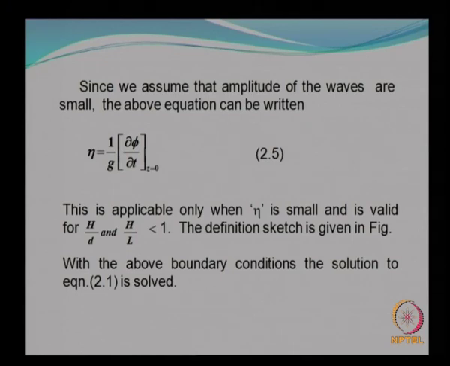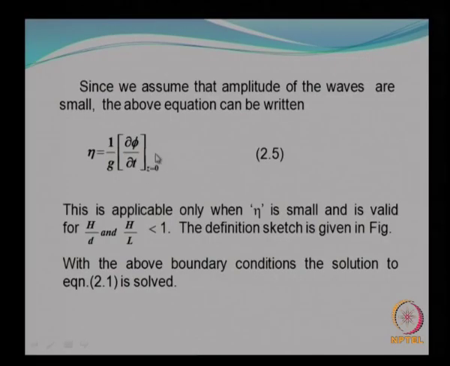In the beginning itself we said that the amplitude of the wave is much less compared to the wavelength. Hence, do you not think that you can apply this boundary condition at z equal to 0 itself? Yes, we can apply because the height of the wave is small.